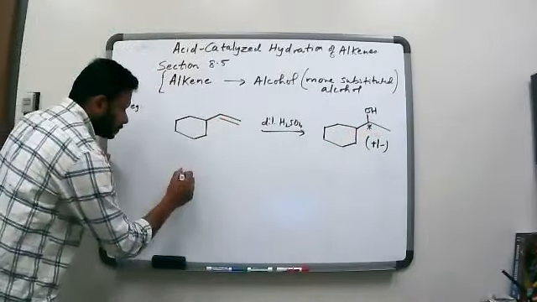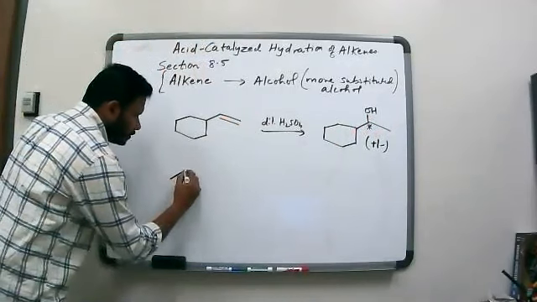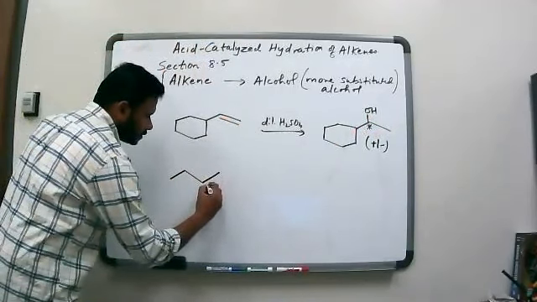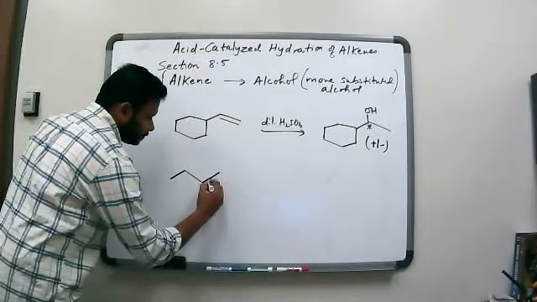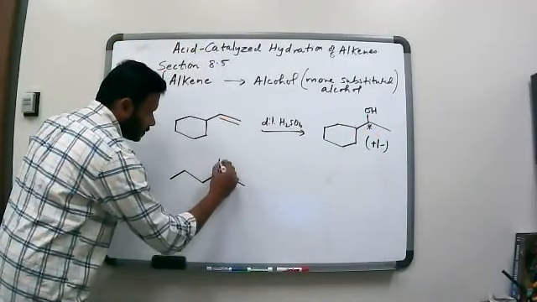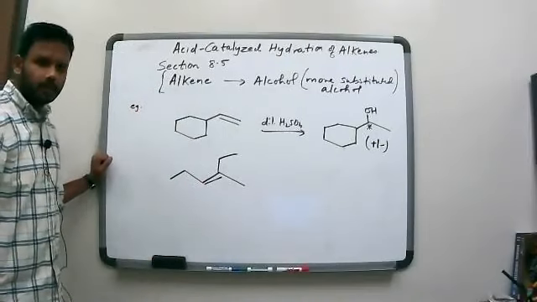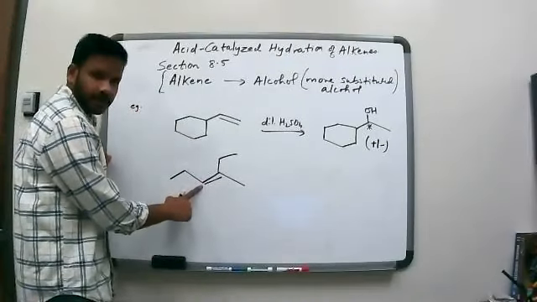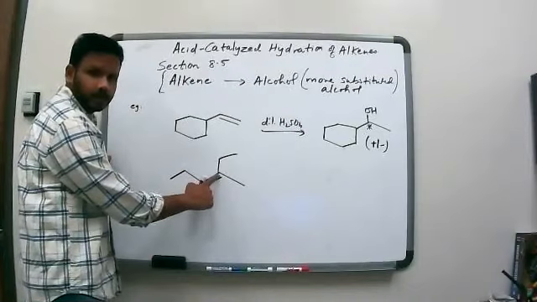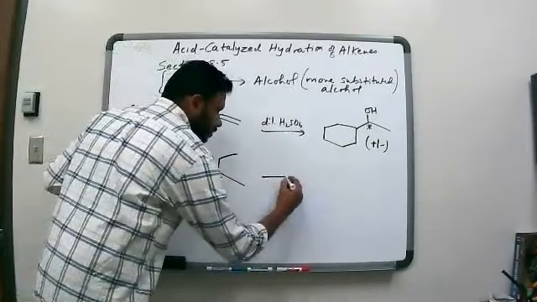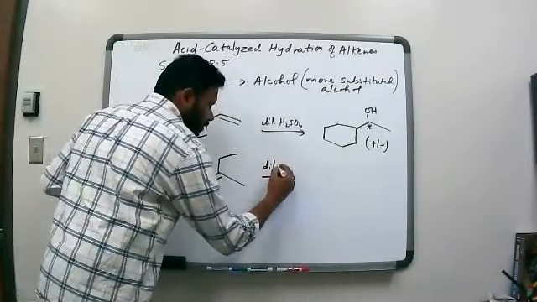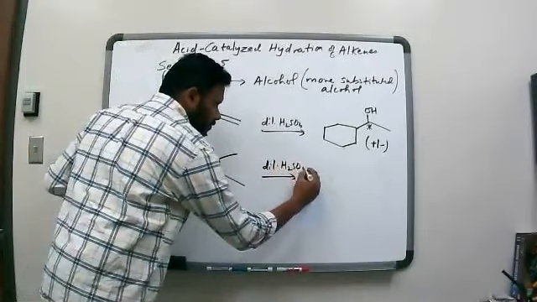Okay, this will apply to open chain molecules as well. So let's say we had a molecule like this, less substituted carbon, more substituted carbon in the alkene, and we do the reaction with dilute sulfuric acid.